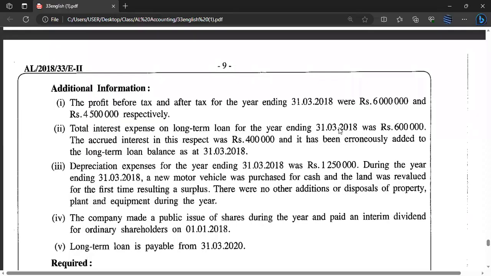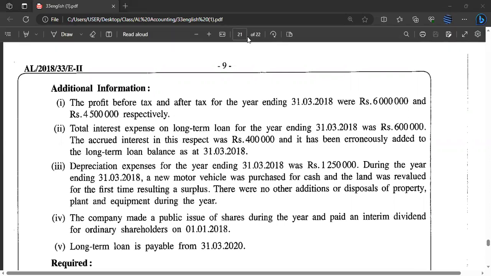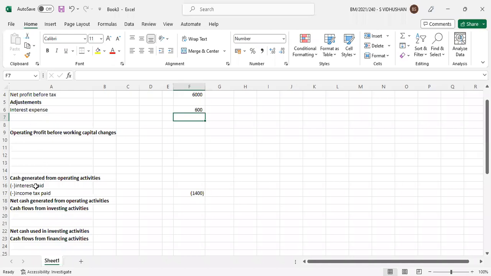Then the accrued interest in this respect was rupees 400,000 and it has been erroneously added to the long-term loan balance as at 31st March 2018. If the interest expense is 600 and 400 is accrued, we know that only 200 was paid by cash. So you can say interest paid 200.